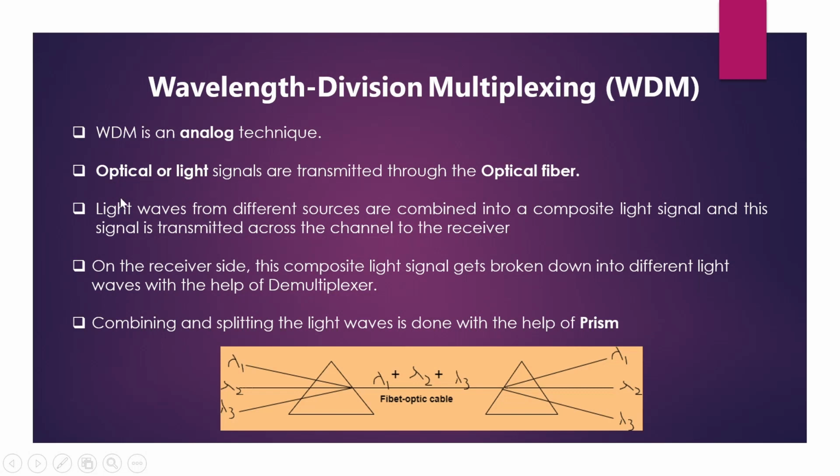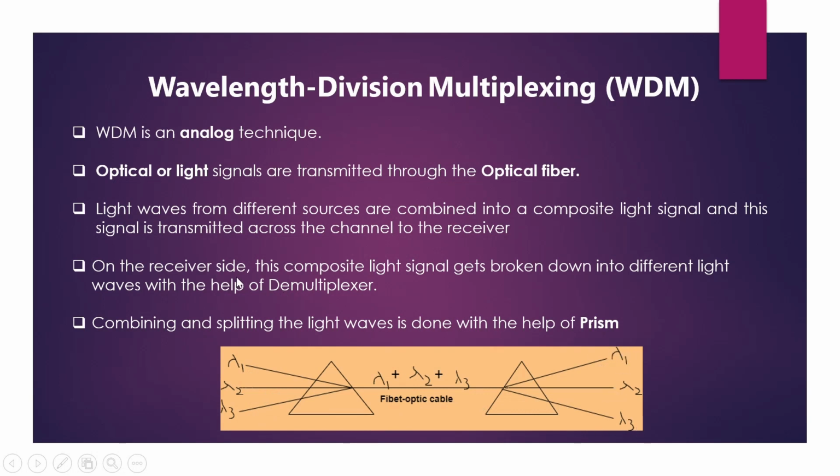So light waves from different sources are combined into a composite light signal, and this signal is transmitted across the channel to the receiver. As you can see, lambda here represents the wavelengths of the n inputs. Then they are combined together and propagated along the fiber optic cable to various outputs or receivers.